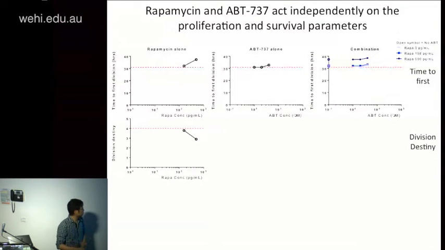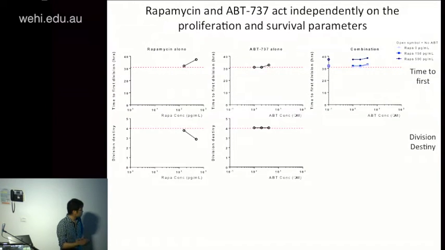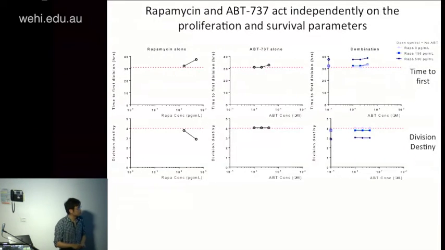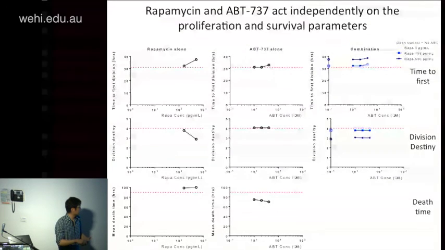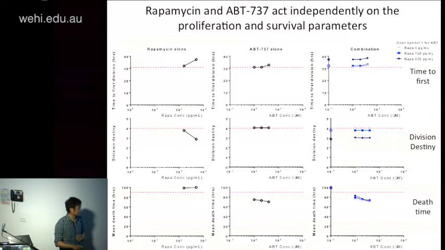If we explore the effects on division destiny, rapamycin decreases division destiny, and ABT-737 has no effect on division destiny. In combination, division destiny is not affected. If you look at the death times, rapamycin, ABT-737, which decreases it, and you can see that there's no enhanced effect on the death time in combination.